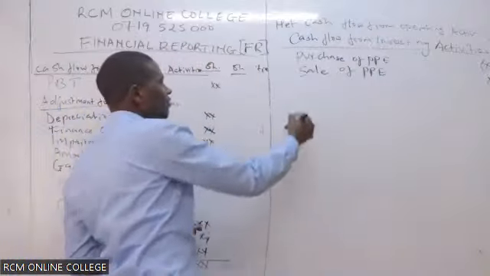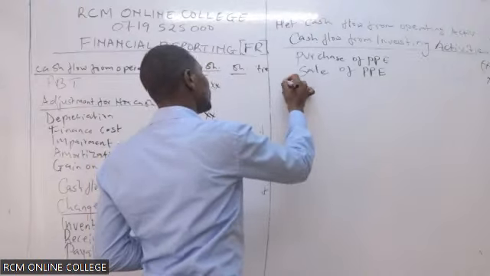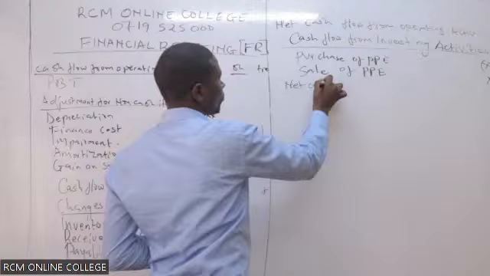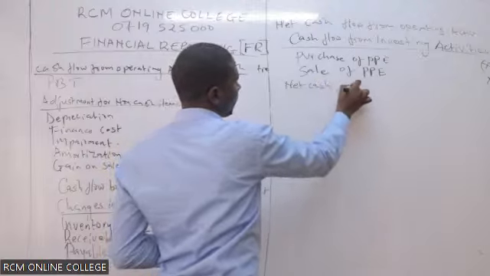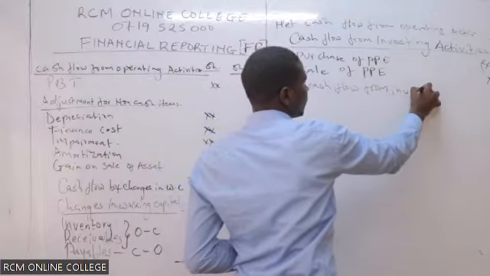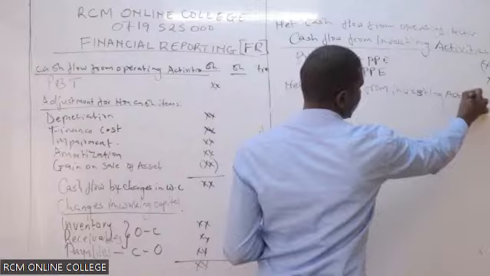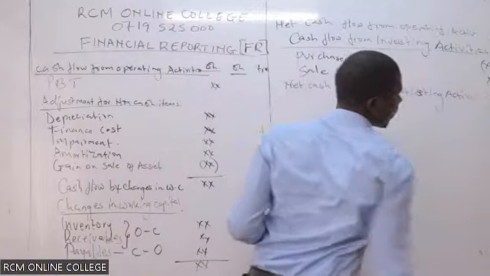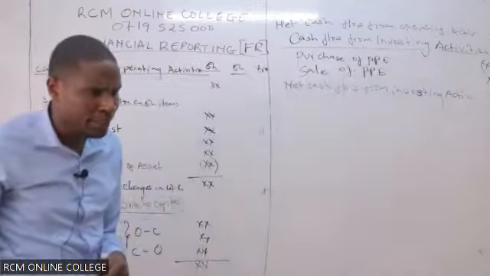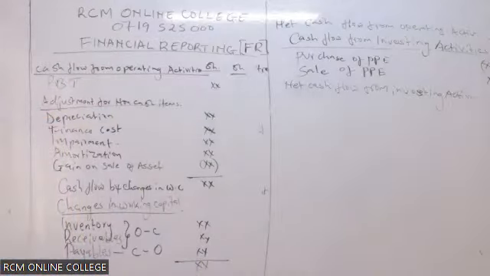Then unaenda kwa financing, cash flow from here you can get net cash flow from investing activities. Unaweka kule kwa column ya pili.